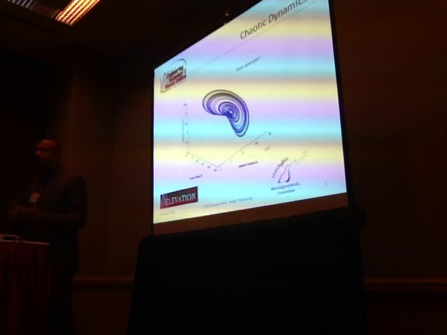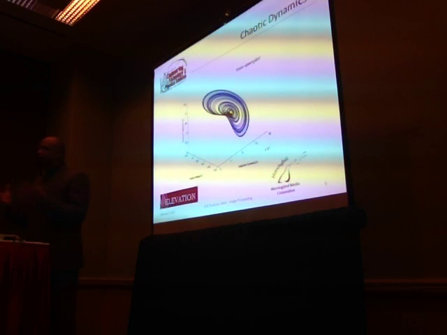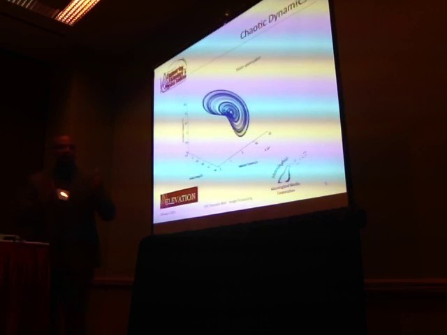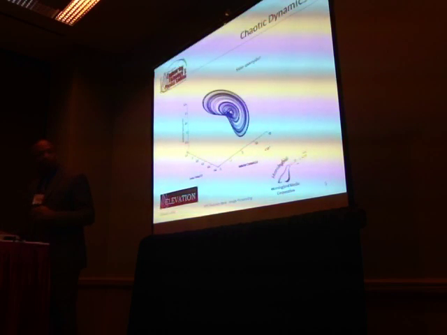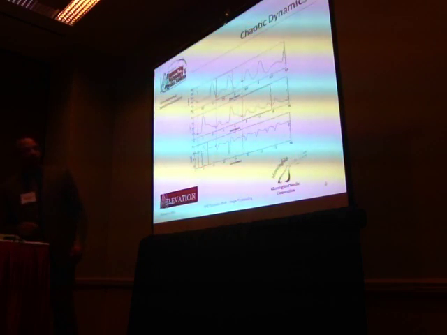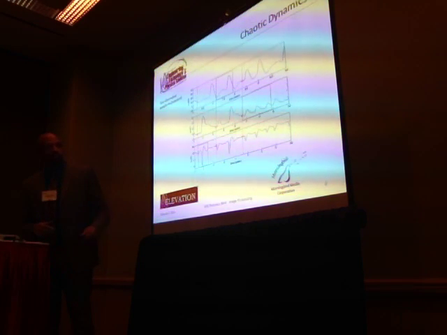If you've heard about it at all, you've probably heard people say it's unpredictable. Well, it's not quite unpredictable. It's predictable up to a certain point in time. Okay, so here's what they look like in time, and here are your currents and voltages in time.